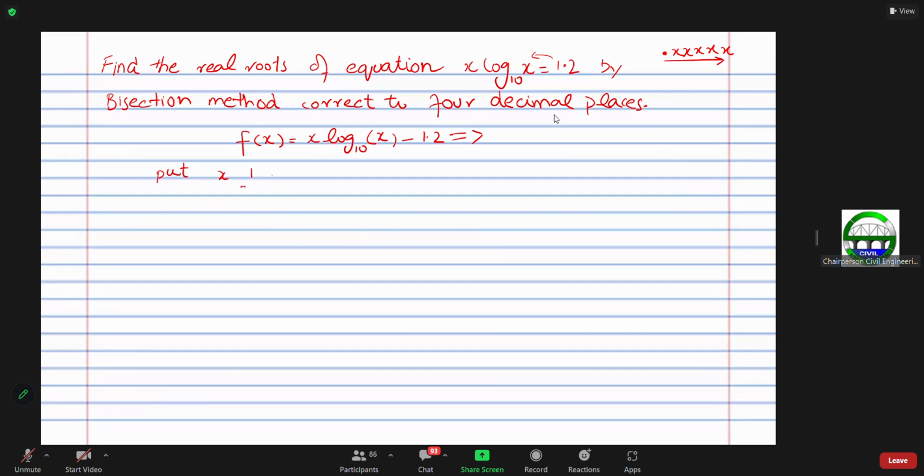Let's see, f of 1. Can anyone calculate the value? 1 log10 of 1 minus 1.2. Can anyone tell me the value in here? What is f of 1?